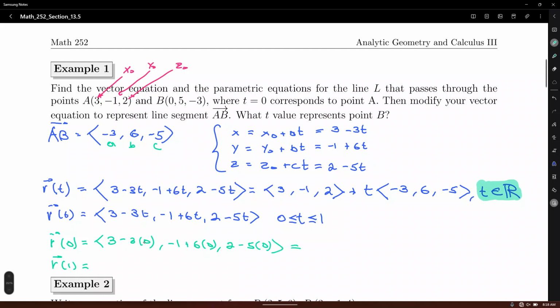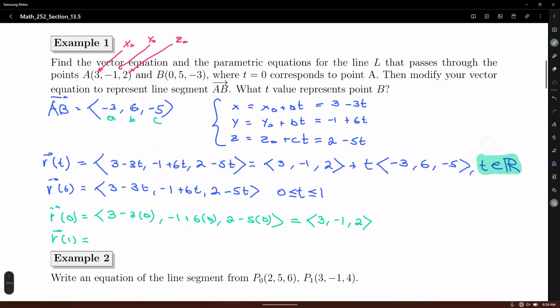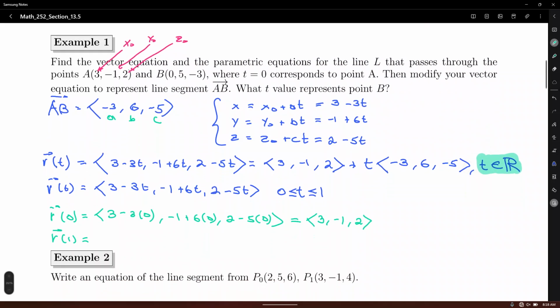That gives us the vector 3, -1, 2. Keep in mind that these vectors are in standard position, whose terminal point is going to be point A, which is 3, -1, 2.